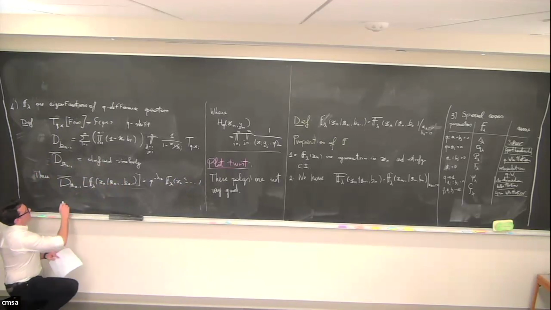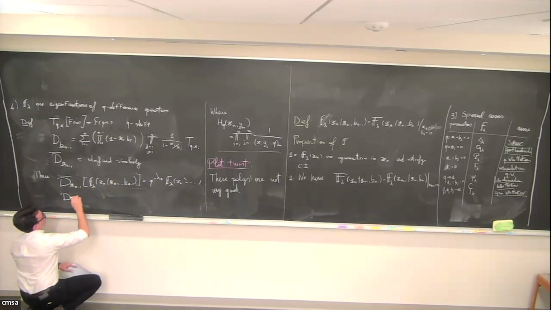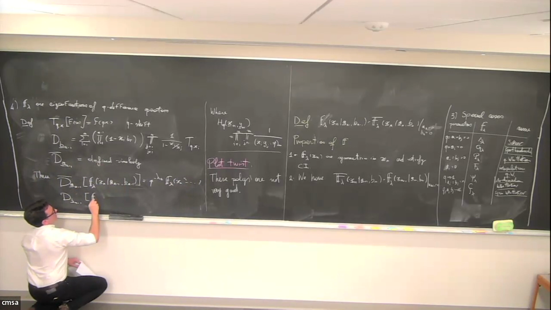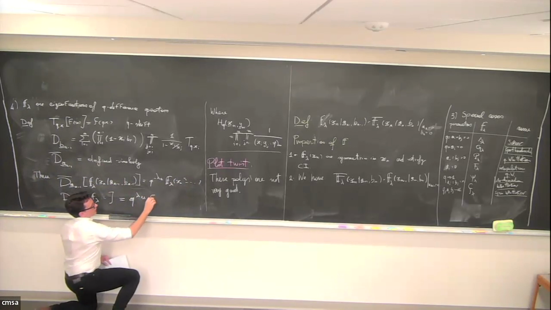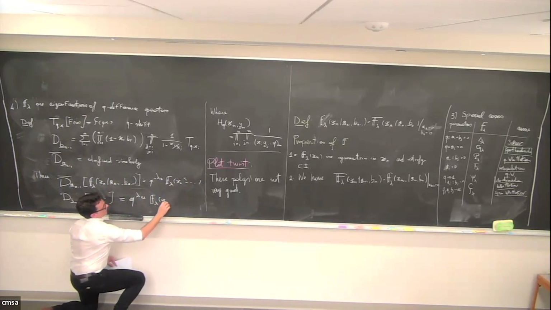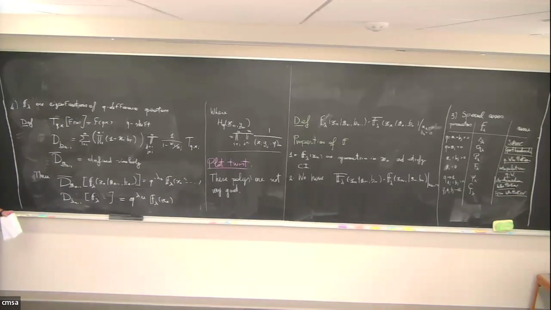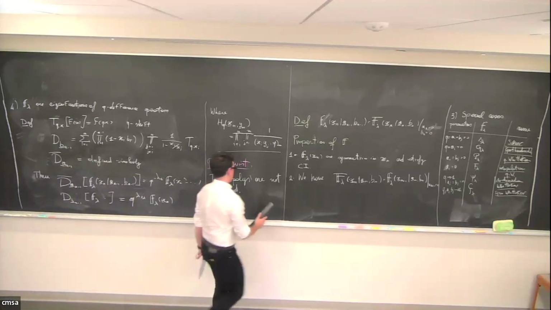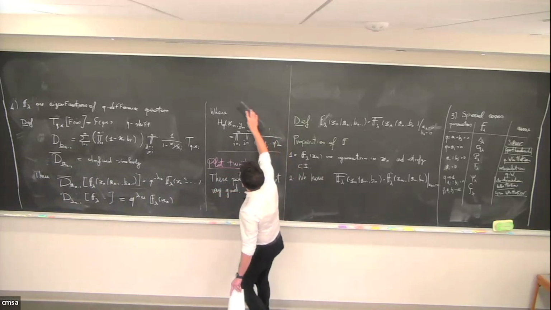And similarly, there is also another eigenrelation for the second class of difference operators that I defined first: there is a q to the lambda_n, f_lambda. So I think it's a nice property.